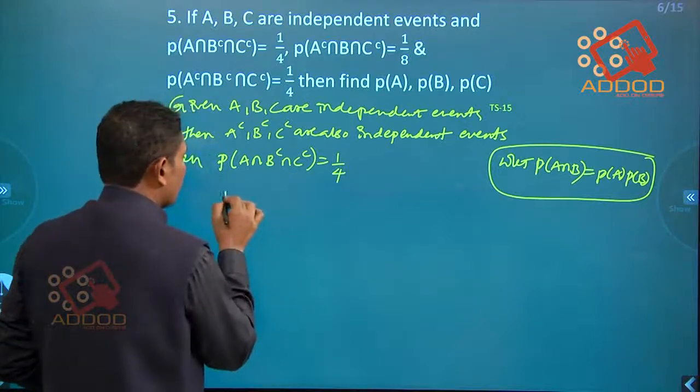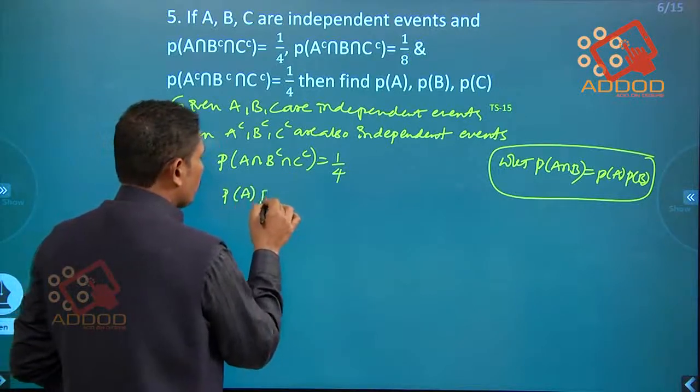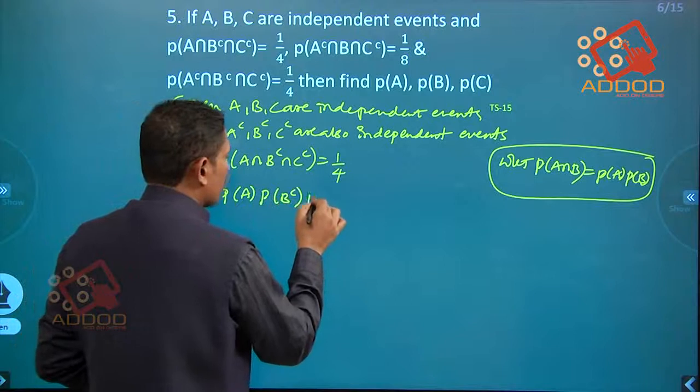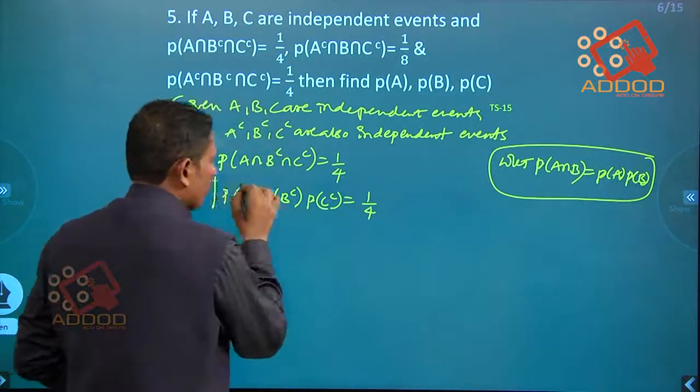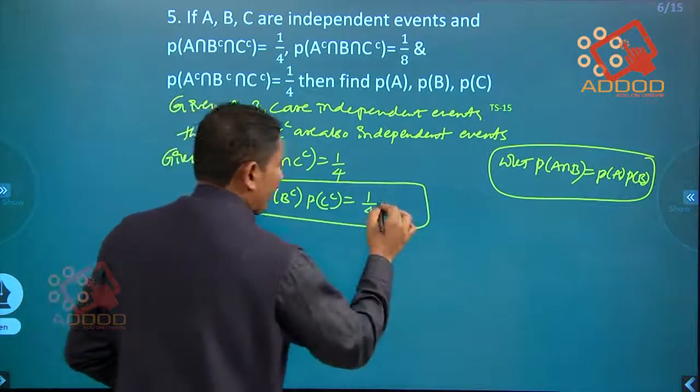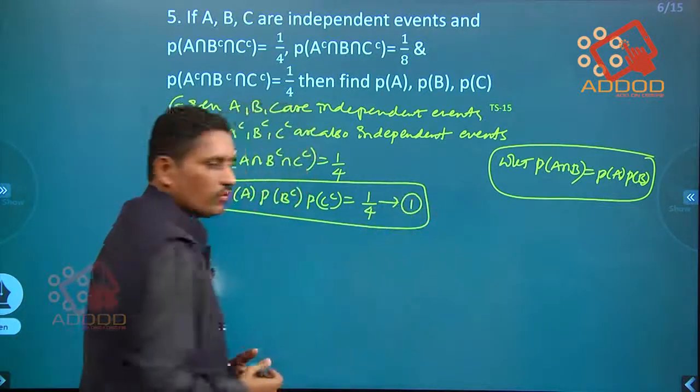So I can write P of A into P of B complement into P of C complement is equal to 1 by 4. This I assign as equation number 1.